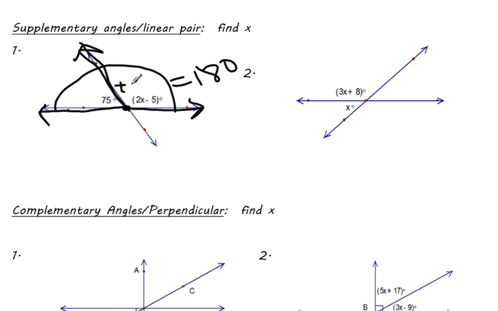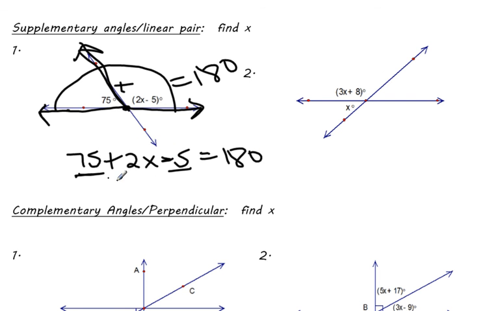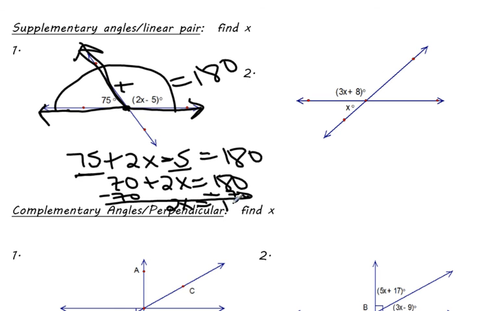I add these together, 75 plus 2x minus 5, and that equals 180 degrees. I'm going to combine my like terms, 75 and a negative 5, that's 70, plus 2x equals 180. I'm going to subtract 70 from both sides of my equation, so I get 2x equals 110, and I'm going to divide 110 by 2 on both sides, so I get x is 55.